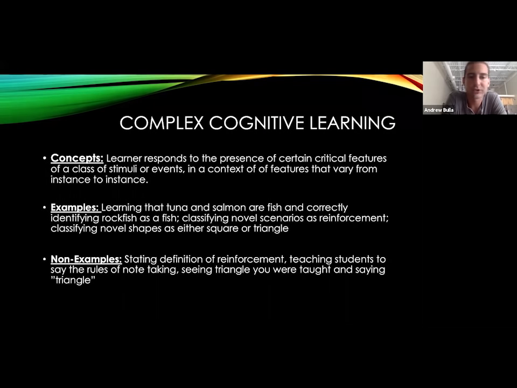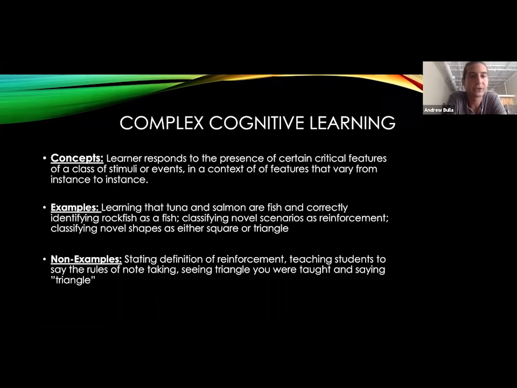So for example, learning that a tuna and salmon are fish and correctly identifying rockfish as a fish. And some variable features that don't comprise an instance might be the size of the fish, or how many gills are on the fish, or the number of scales, or the color of the fish. Those aren't relevant to what makes a fish, but I can still correctly identify that rockfish as a fish.